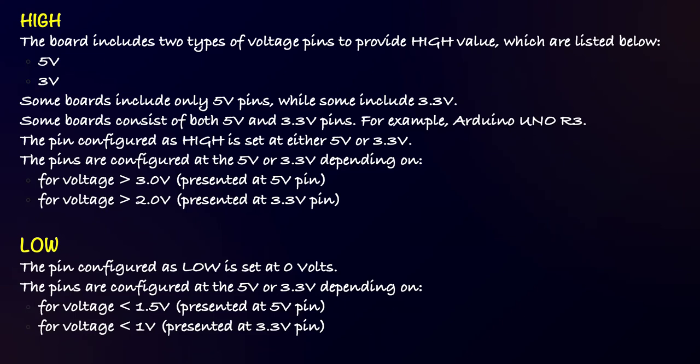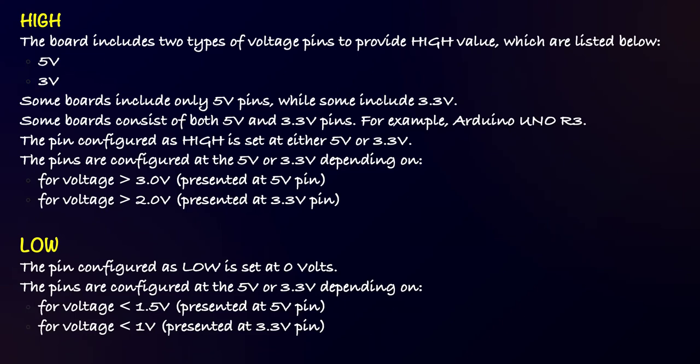It's just a requirement, the intent of it. If the purpose or the function requires greater than 3 volt, we can give the connection for the 5 volt pin. And if it is mentioned as required to be greater than 2 volt or something like that, we can use the 3 volt or 3.3 volt pin. That's the very basic of it.